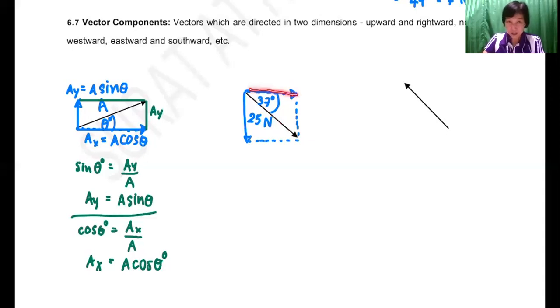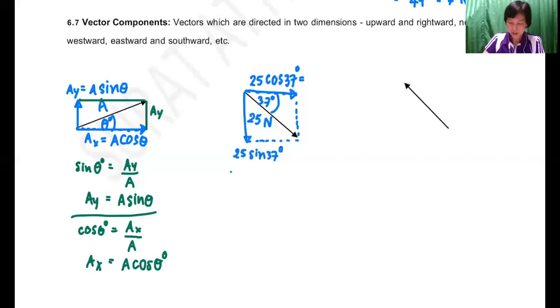This component is close to the angle, so it equals the magnitude of the original vector multiplied by cos 37, and the downward component equals 25 times sine 37.